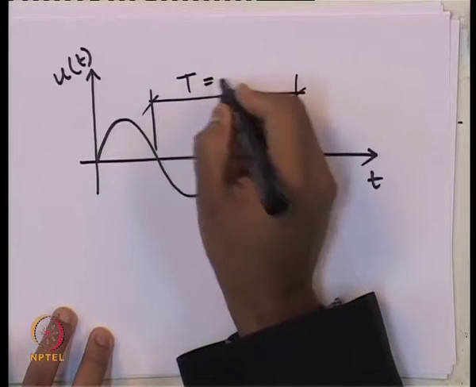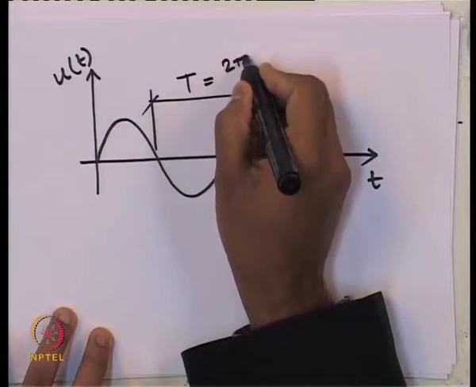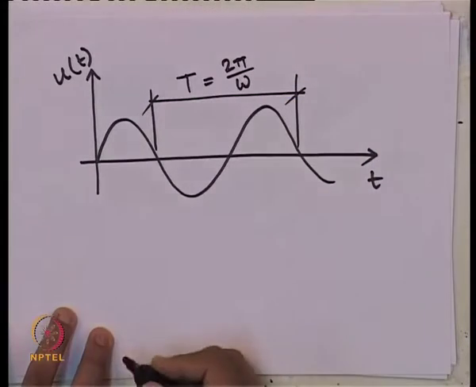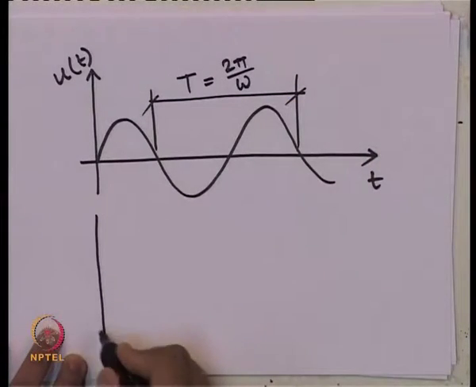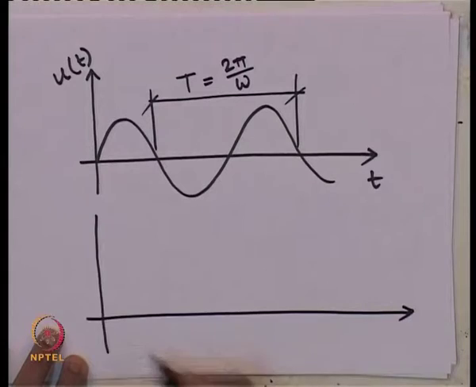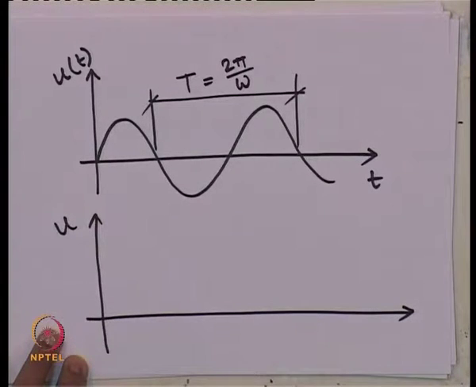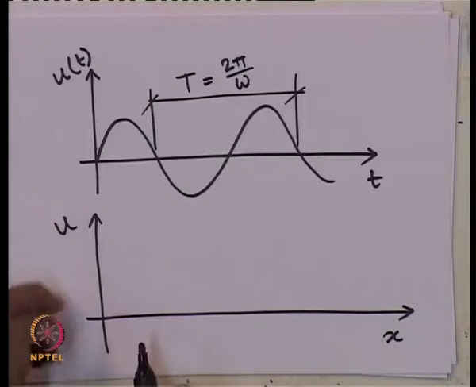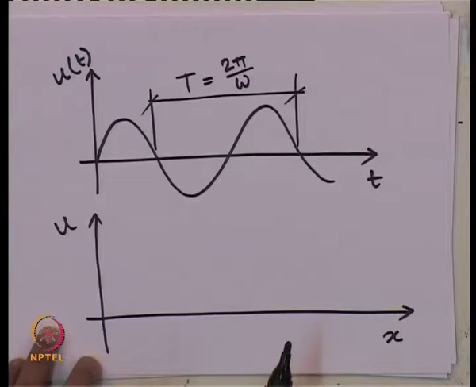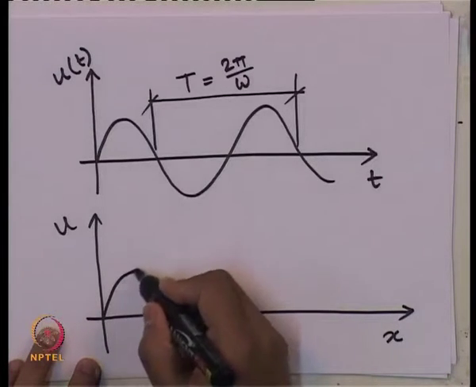T was expressed as 2 pi by omega, omega was the natural frequency of the system. The same response, now we are representing with respect to the distance x, that is displacement u with respect to its distance x, the same thing.